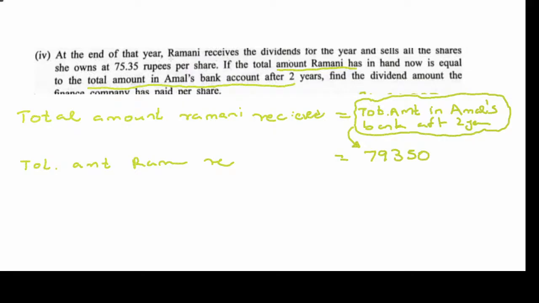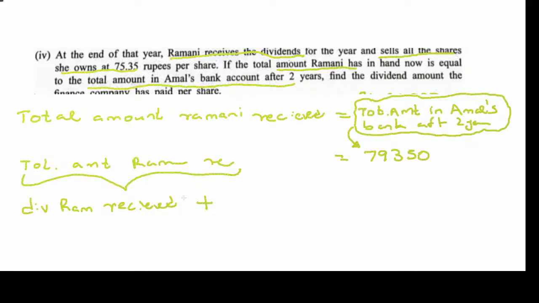Ramani receives the dividend, plus she also sells all the shares she owns at 75.35.